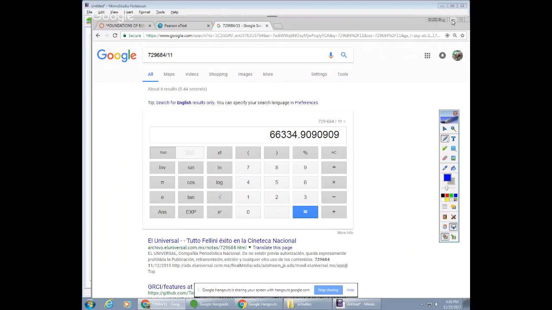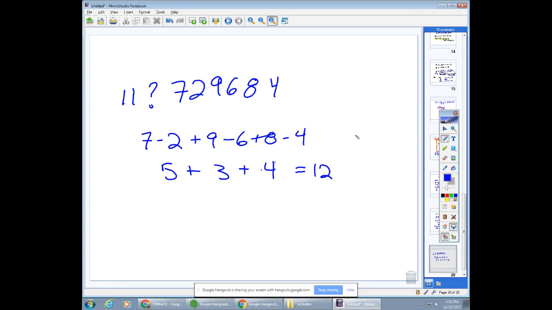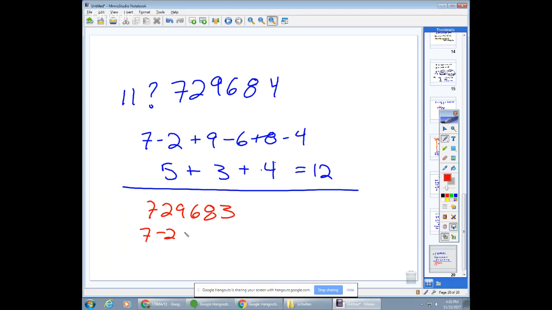So could we tweak one of those digits? Yeah, we could drop any one of, well, not any one of them. Let's say we could drop the 4 to a 3. So if I take 729,683, then when I do the sum of the digits, 7 minus 2, 9 minus 6, plus 8 minus 3.